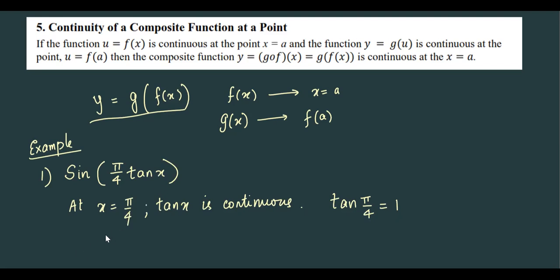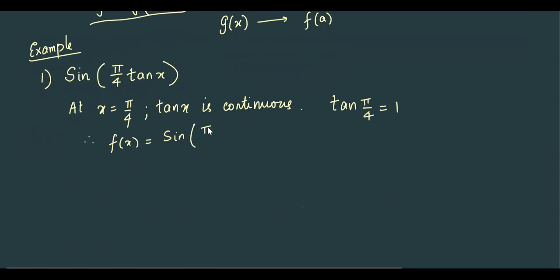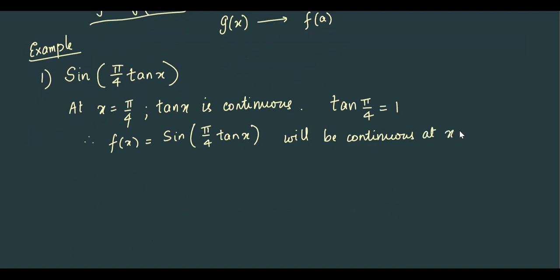All right. So therefore, this function f of x, sine of pi by 4 tan x, will be continuous at x equal to pi by 4, because sine is continuous.